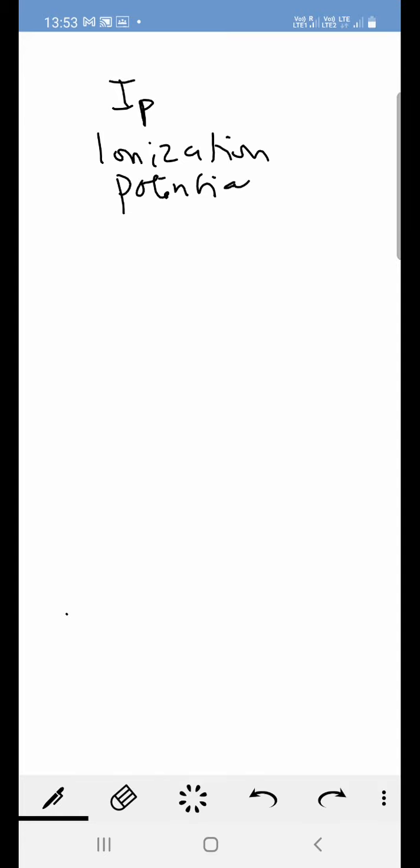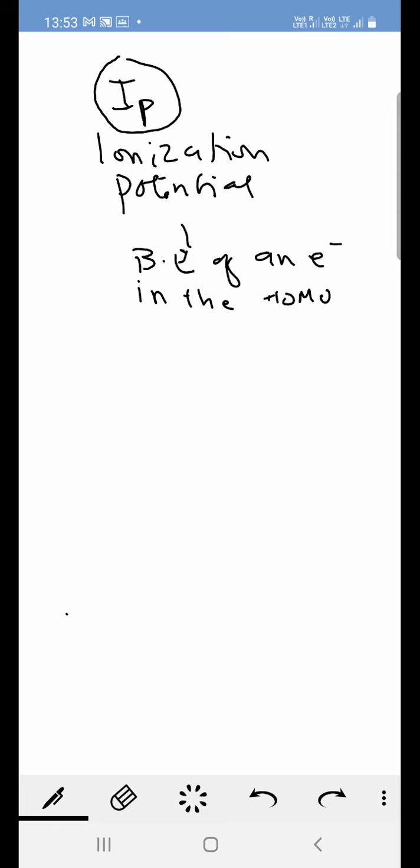The ionization potential of a molecule is the binding energy of an electron in the HOMO, and this is what we know as the ionization potential.